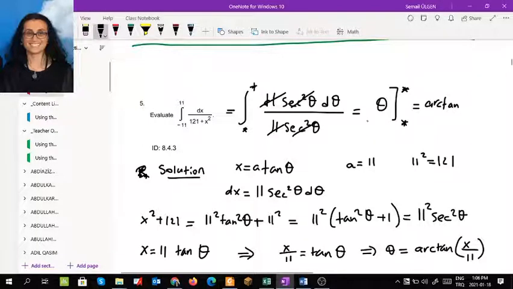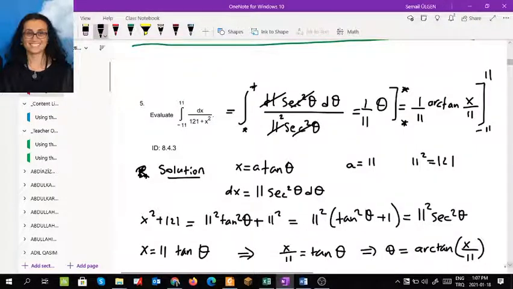This is 11 squared, by the way, so I have 11 left here, so 1 over 11 left here, because this is squared, they cancel, just 11 left. So this is equal to 1 over 11 arctangent x over 11, and x is going to change from negative 11 to positive 11.